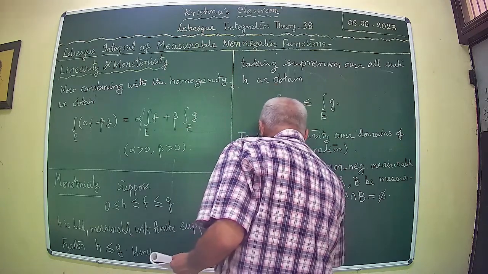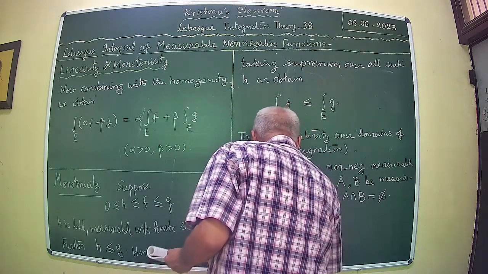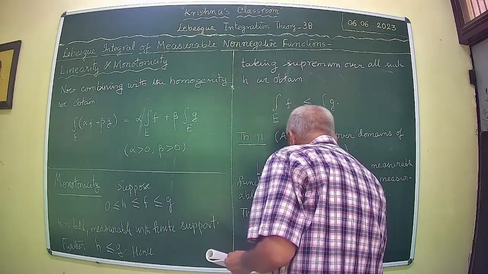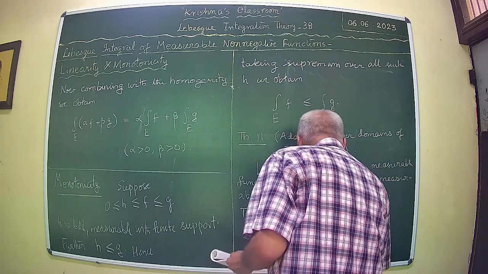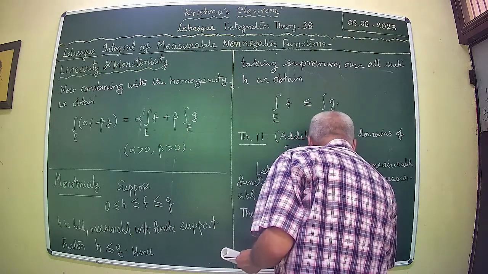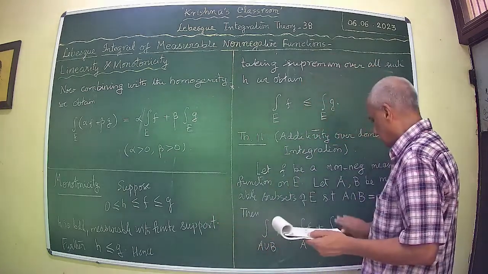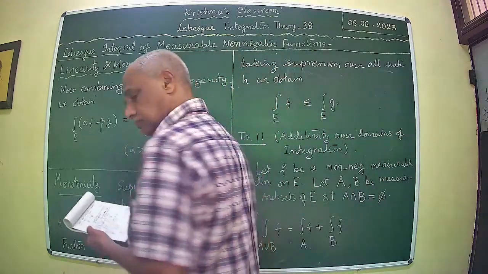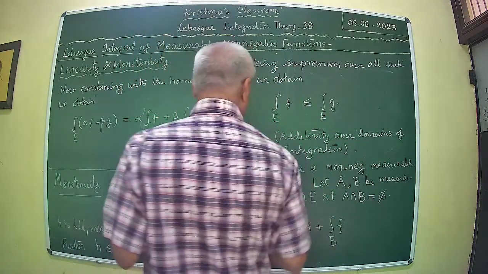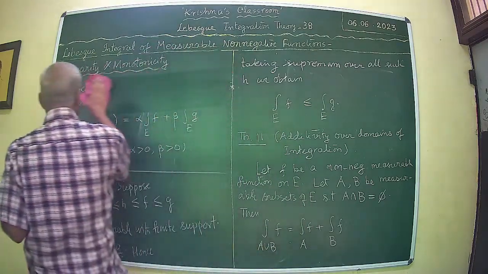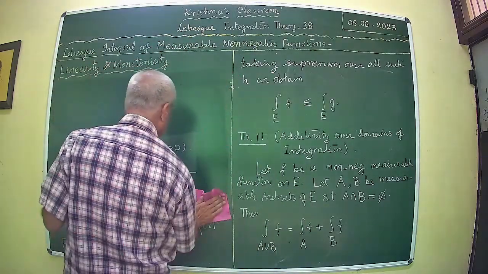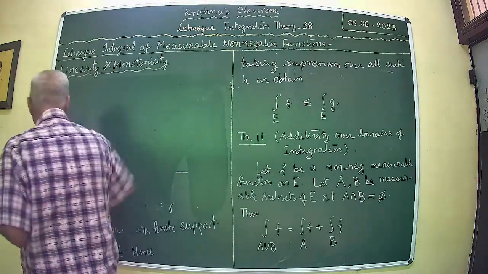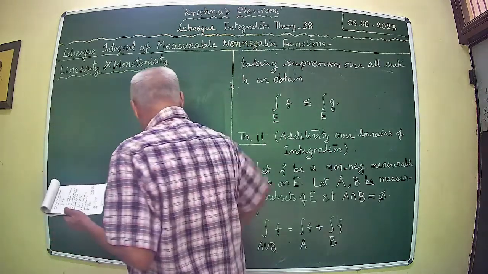Then the integral over A union B of f equals the integral over A plus the integral over B. It is very simple to prove. Again, all the time we are going back to the approximating functions, using the corresponding property of the approximating functions.